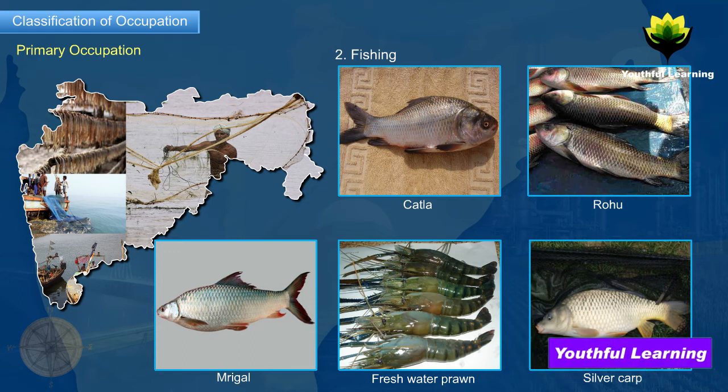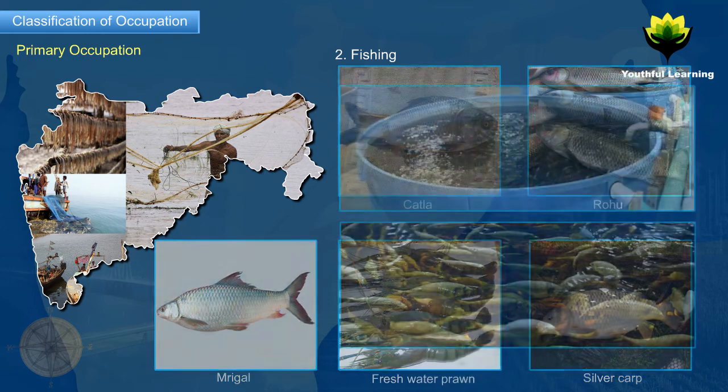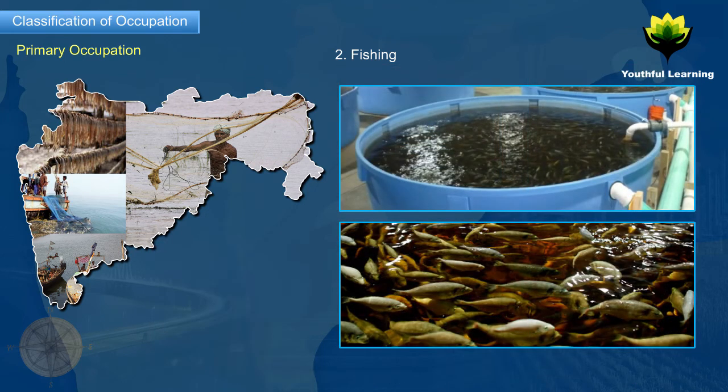Fishes are reared for commercial purposes. Such occupation, wherein breeding and raising of fishes is undertaken by artificial means for the purpose of making profit, is known as pisciculture or fish farming.